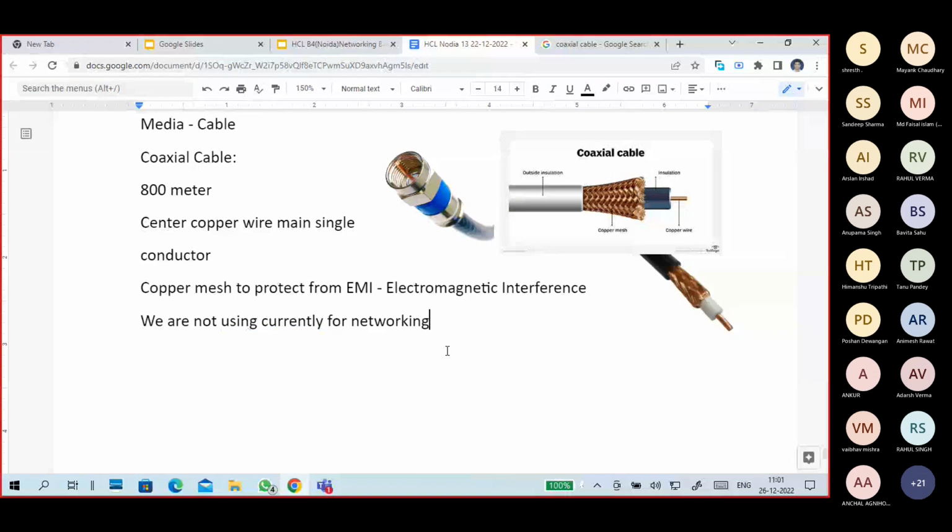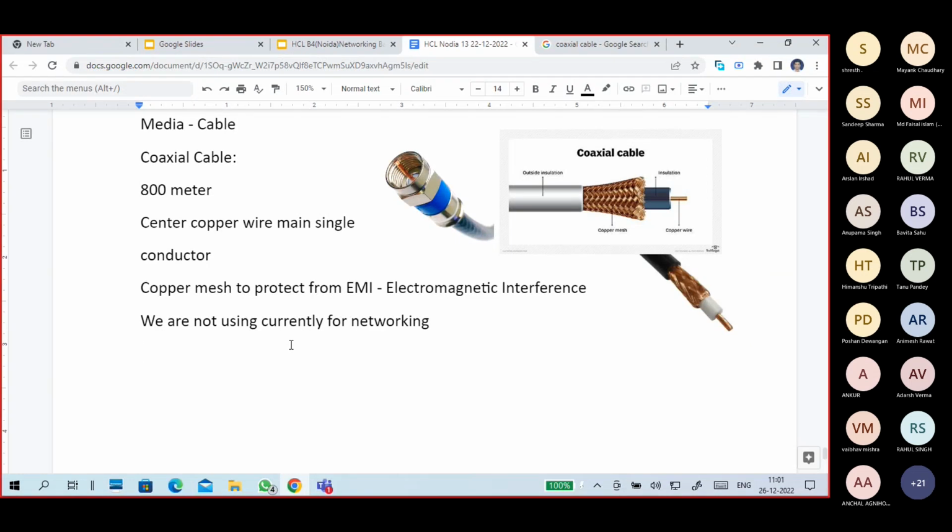We are using twisted pair cables, not coaxial cable, but it's about 800 meters. There are different types of connectivity there, and there are certain topologies like bus topology. At that time people used these coaxial cables.